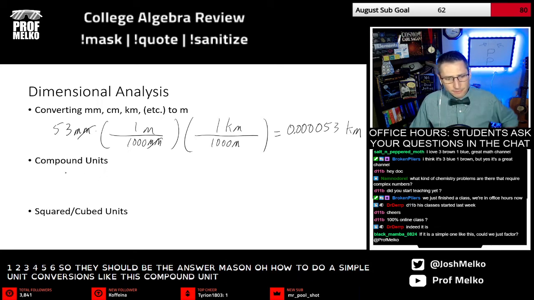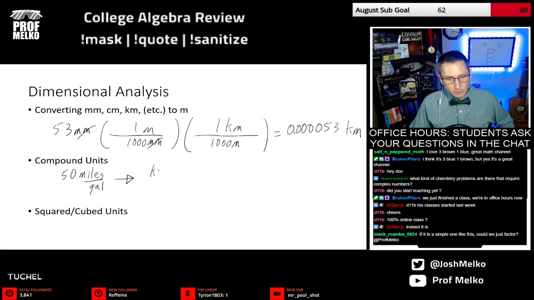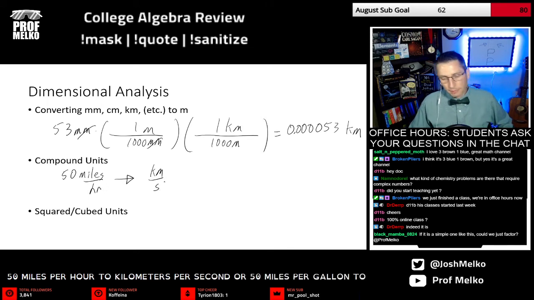Compound units, right? 50 miles per gallon to kilometers per hour. Sorry, 50 miles per hour to, say, kilometers per second. Or 50 miles per gallon to kilometers per liter.